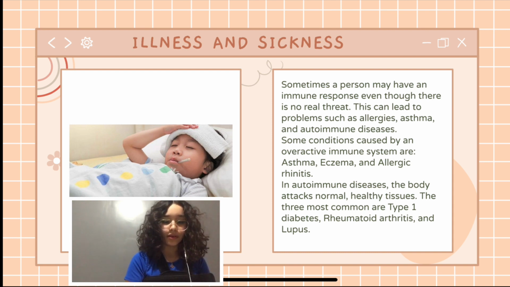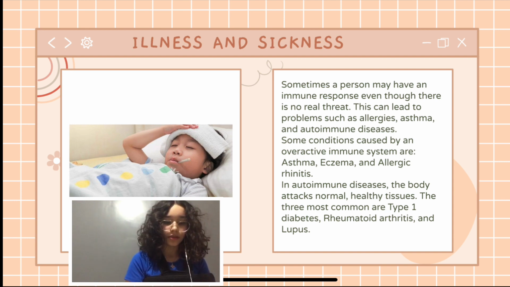In autoimmune diseases, the body attacks normal healthy tissue. The three most common are type 1 diabetes, rheumatoid arthritis, and lupus. In type 1 diabetes, the immune system attacks the cells in the pancreas that make insulin. Insulin removes sugar from the blood to use as energy. Rheumatoid arthritis.